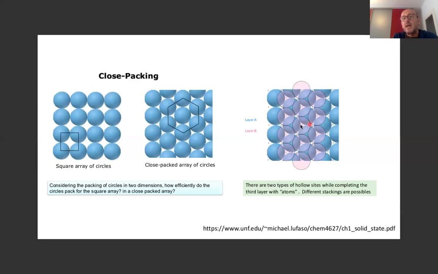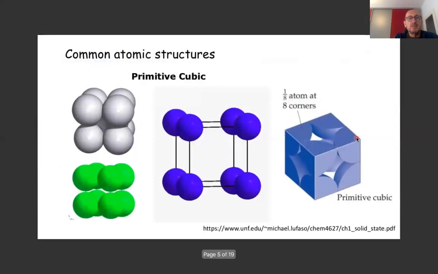So I have two options to put the second layer, and depending on the stacking that I use, I can form different symmetries of a crystal. That is really related to the stacking of these spheres. And there's still the question of how do we think of atoms as spheres. I crudely described it before, but that's about it.